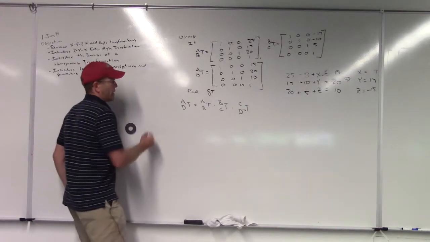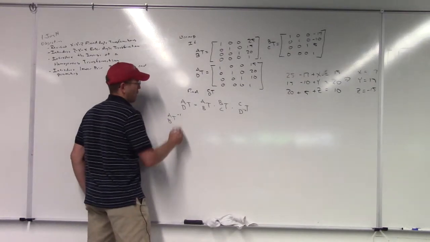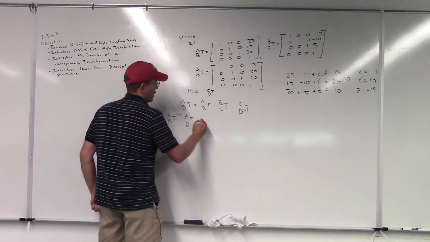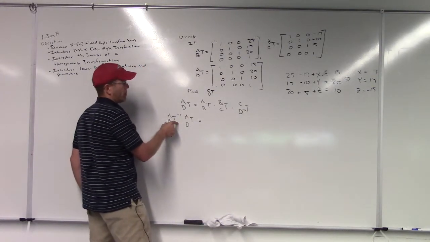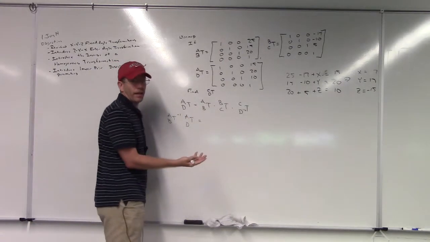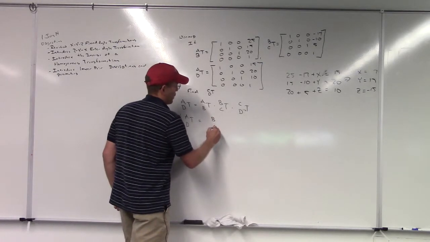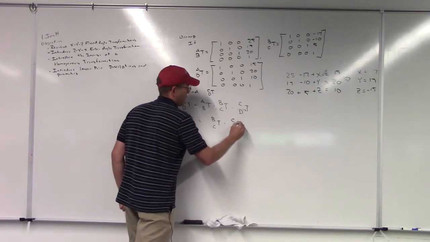So we have A to B inverted times A to D, and that's going to equal, well, the inverse of the transform from A to B times the transform from A to B is going to be an identity. It's going to drop off. So this is going to equal the transform from B to C times the transform from C to D.